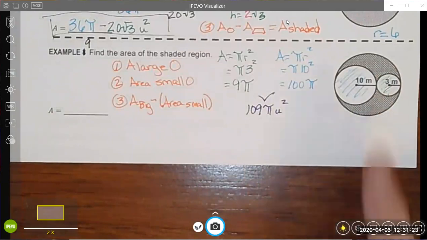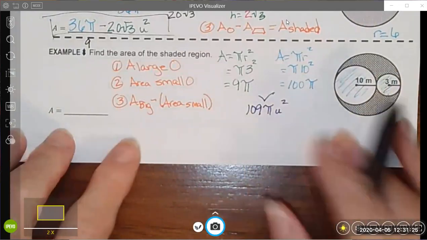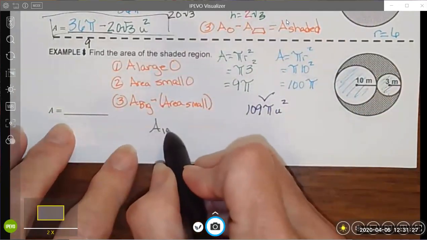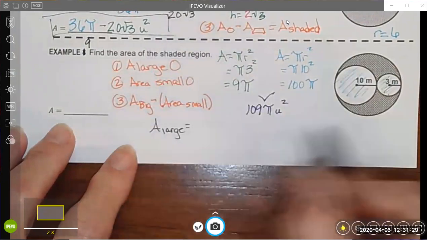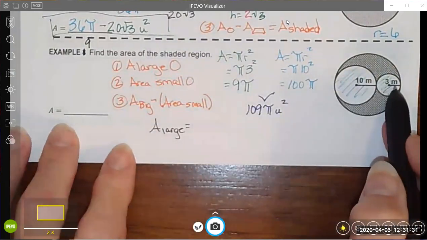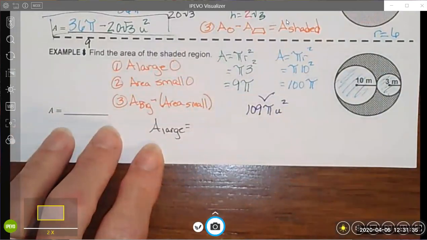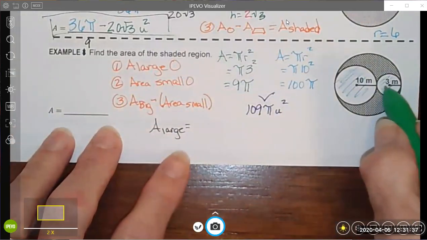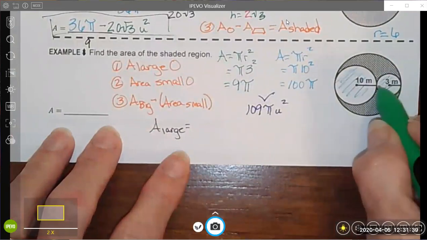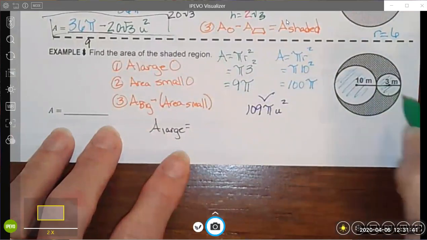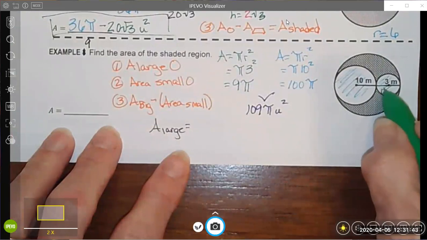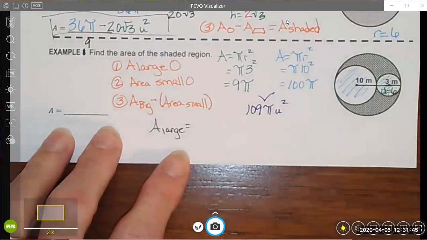To find the area of the larger circle, I need to know the radius of the entire circle. Well, if we do some simple calculations here and think through it, I know that the diameter of this smallest circle is going to be the radius times 2. So this diameter is 6.